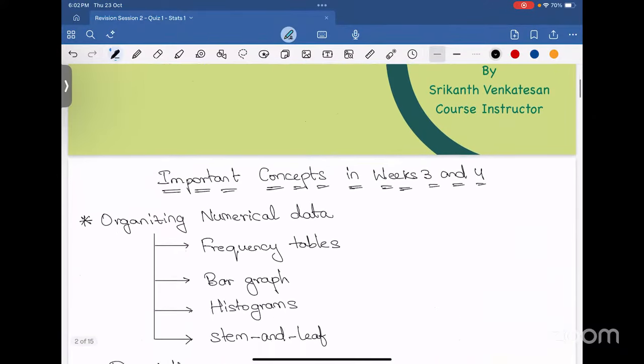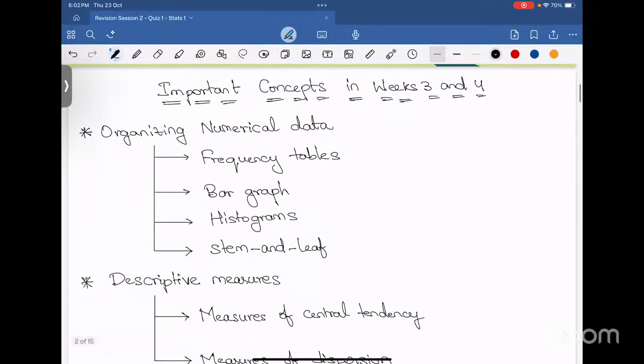All right, so out of all the concepts, there are a few which are really important with respect to week 3 and week 4. You should know how to organize and describe your numerical data. In week 3 especially, we deal with numerical data, and we can organize it using frequency tables, bar graphs, histograms, and stem and leaf diagrams, right?